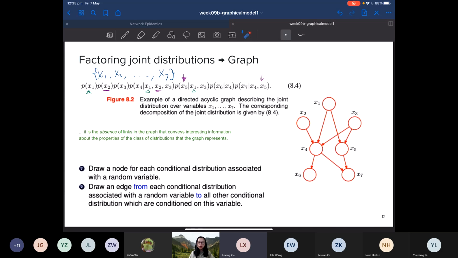What this also means is it's the absence of links in the graph, such as x1 and x7, that conveys interesting information about the property of the class of distributions. It's more the absence rather than presence of edges, because by default, every lower numbered node gets to point to every node that has a higher number than it.